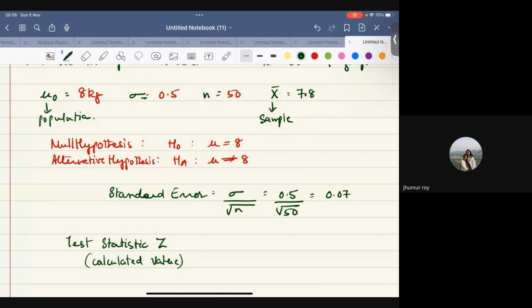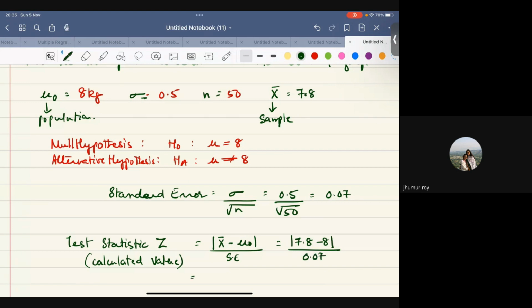Okay. So what is the calculated value? It is taken as absolute value of x bar minus mu 0 divided by standard error. So this is taken as 7.8 minus 8, means positive negative sign will not come. Okay, so it will be 0.2 divided by 0.07.